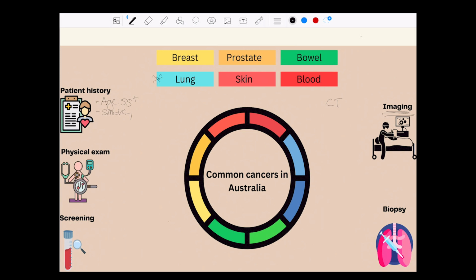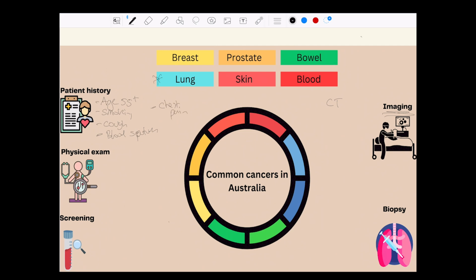Some symptoms that may be suggestive of lung cancer would be a chronic cough. That's generally non-productive. And there could be some blood in sputum if it is productive, and maybe unexplained chest pain.